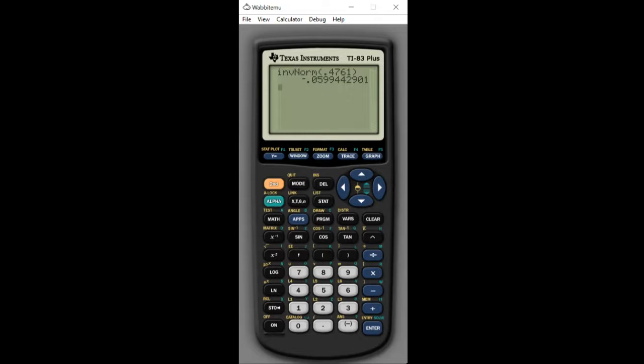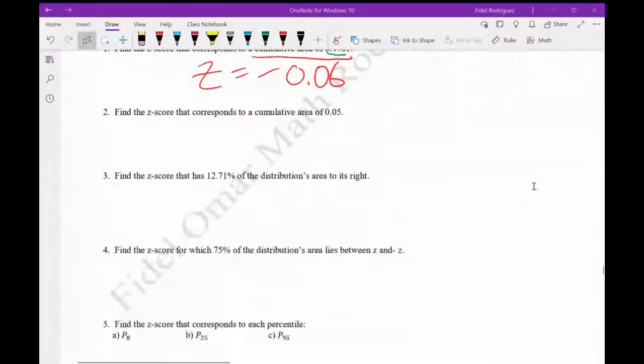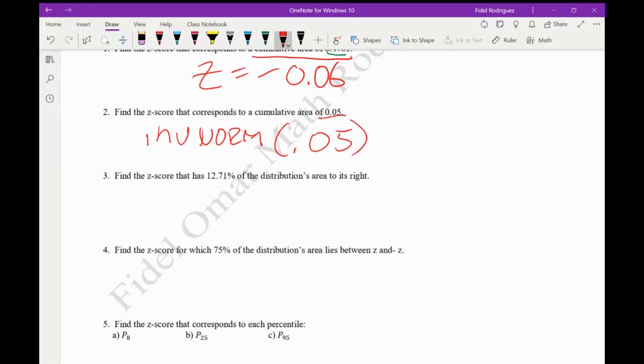Okay, so let me get out of this part here, and let me come back to my notes. I would do the same thing for every one of these problems, right? So when I look at this problem here, the way I'm going to do this on my calculator is I'm going to go to inverse norm, and I'm going to type in 0.05.